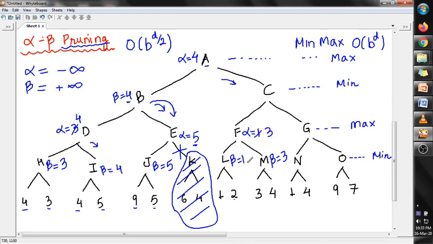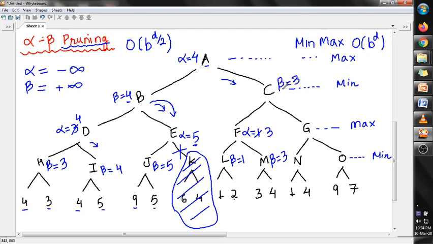Why? Because between 1 and 3, 3 is the greater value, and F is present in the maximum level, so that's why you need to take the maximum value out of the available values. When alpha equals 3, you can write here beta equals 3.